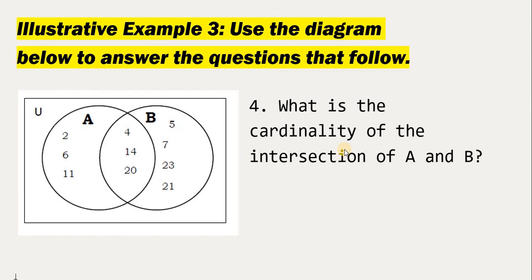Ibig sabihin yung common sa set A and set B. So, ilan daw yung elements na nasa intersection ng A and B? The answer is cardinality of A intersection B is 3. Okay? Kasi meron tayong 4, 14, and 20. Tatlo lang yung elements na nasa intersection ng A and B.